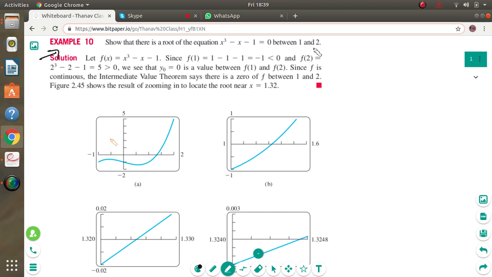So let's show that the root of the equation x cube minus x minus 1 equal to 0 is between 1 and 2. Here we have f of x is equal to x cube minus x minus 1.